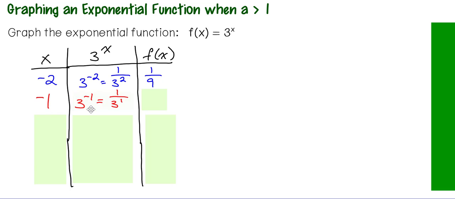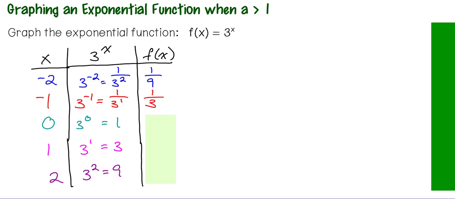-1, so 3 to the -1 power equals 1/3 to the first power, which is simply 1/3. And then I would go through 0, 1, and 2, follow the same steps. We know anything to the 0 power is 1, anything to the first power is that number itself. So we get our values of 1, 3, and 9.